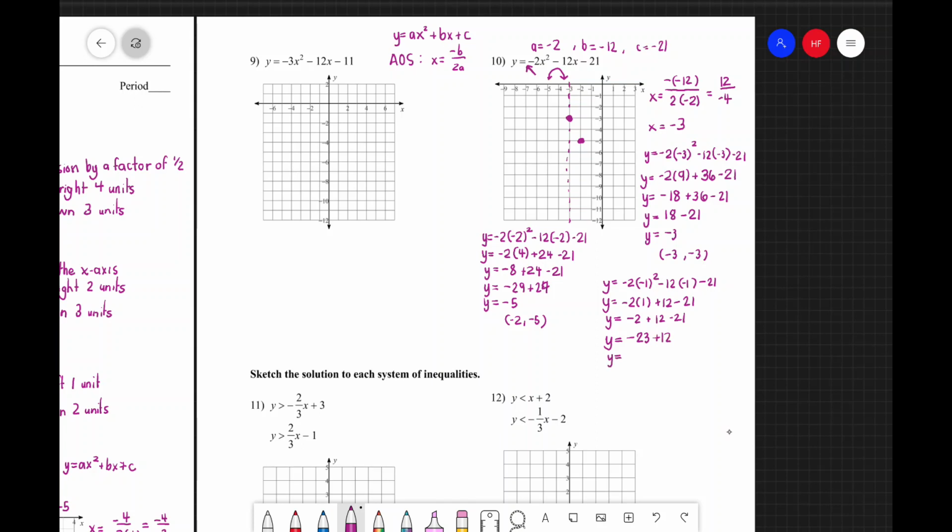Y equals negative 11. So we would have a point, negative 1, negative 11. So we'll go down all the way to negative 11. And so we'll reflect these points across that axis of symmetry. And then sketch out this graph. So my axis of symmetry is here, and my vertex is there.